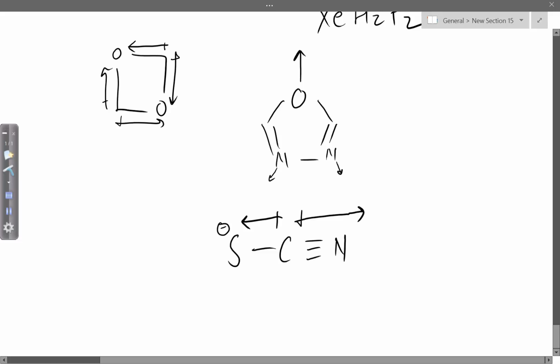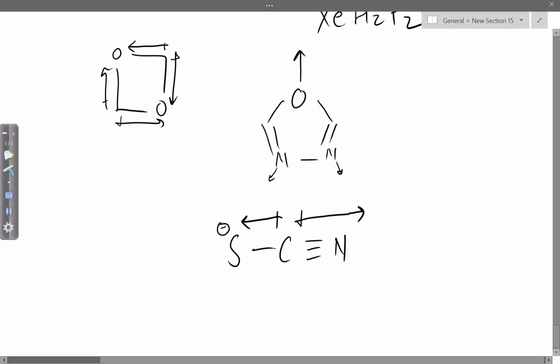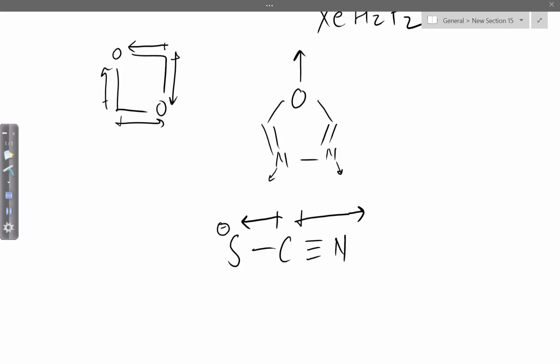No. Because remember the practice we did earlier, although they might point to different directions, the length is different because the electronegativity difference is different, right? Which means this one should be longer than this. So there's going to be a net dipole moment. So if there's a net dipole moment, it's going to be polar, right? So that's why I teach this part first.